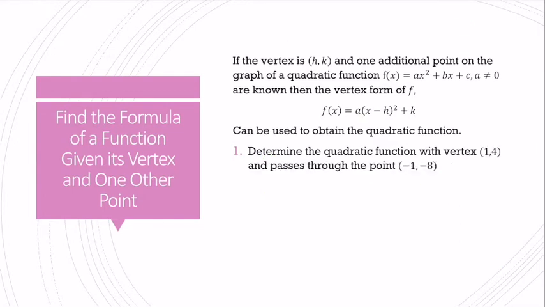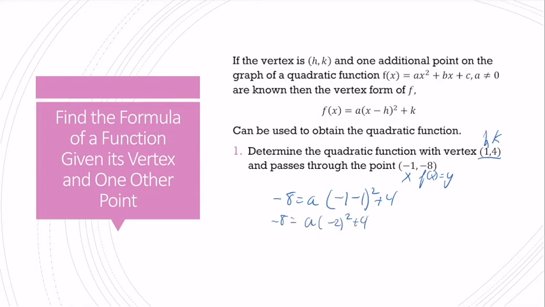Let's try this again. I have a function with vertex 1, 4 that passes through the point when x is negative 1, y is negative 8. So I have negative 8 equals a times x, which is negative 1, minus 1 squared plus 4. So negative 8 is a times negative 2 squared plus 4.